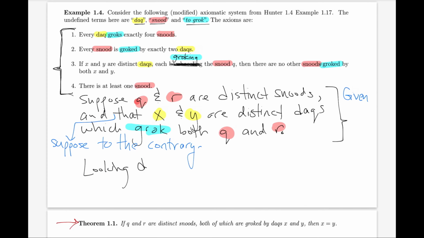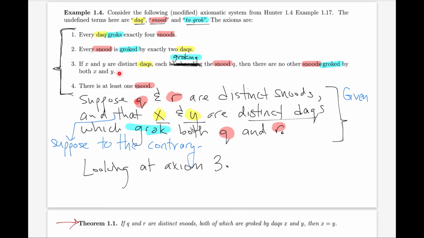So axiom 3 is going to tell me that if X and Y are distinct DACs, each grokking the snood Q, okay, so X and Y are distinct DACs which grok both Q and R, so in particular they grok Q, then there are no other snoods grokked by both X and Y.